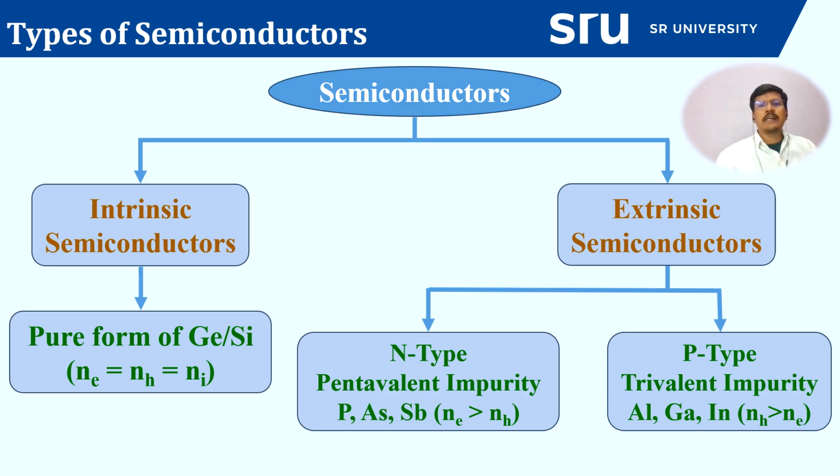Think of the intrinsic semiconductors as a small village road with limited traffic. Doping transforms it into a busy highway with significantly increased traffic flow.